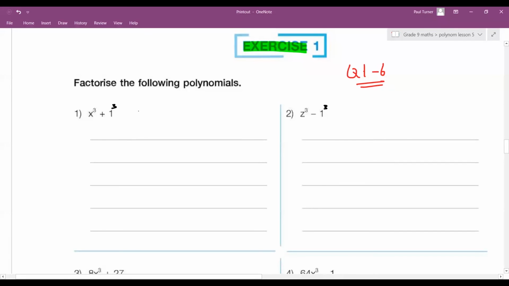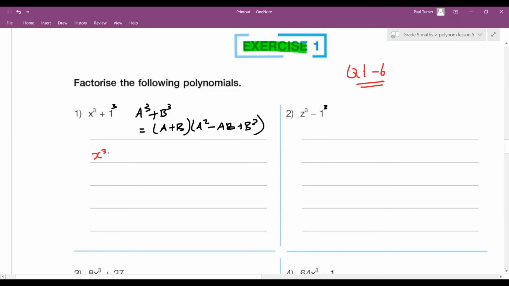So we've got the form a cubed plus b cubed here, and we know the formula would be a plus b, a squared minus ab plus b squared, like that.